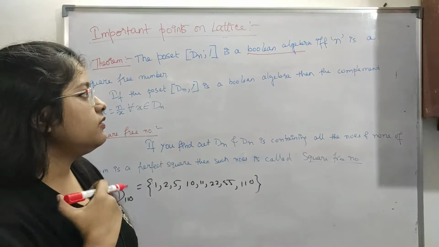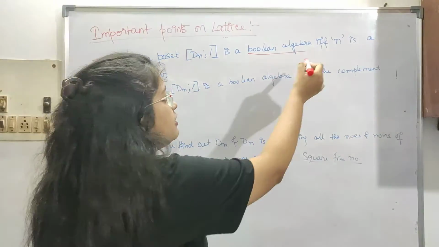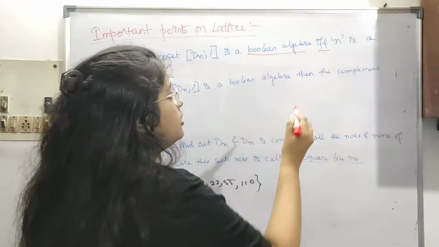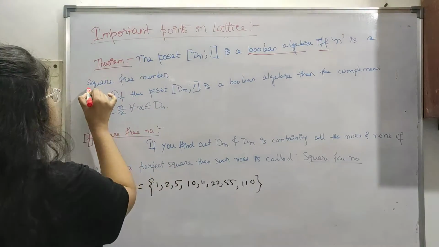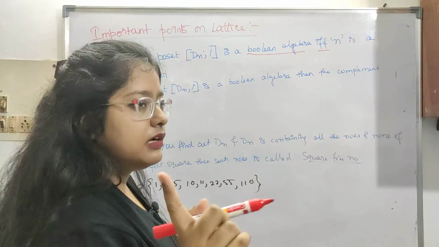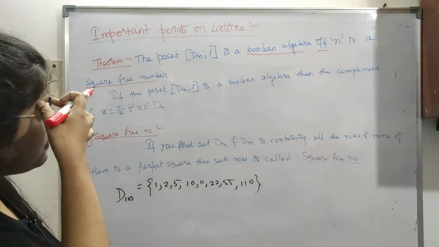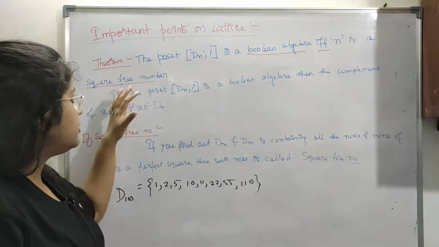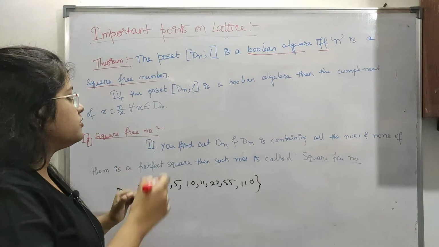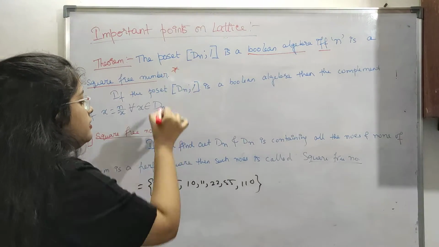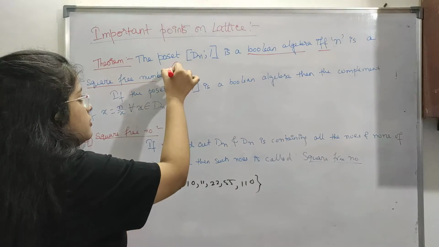Now let's see. If and only if n is a square free number. Square free number, I'll come here. Let me write it with a star here.